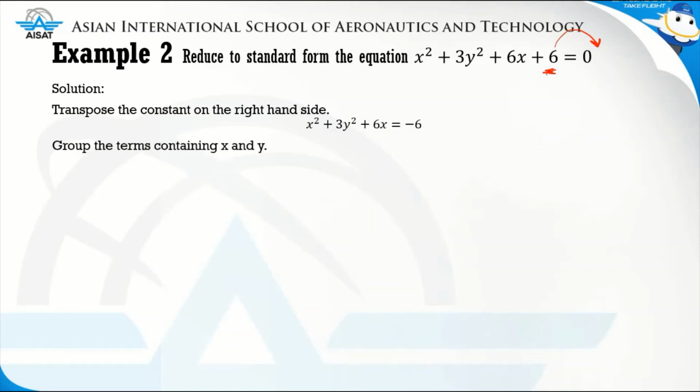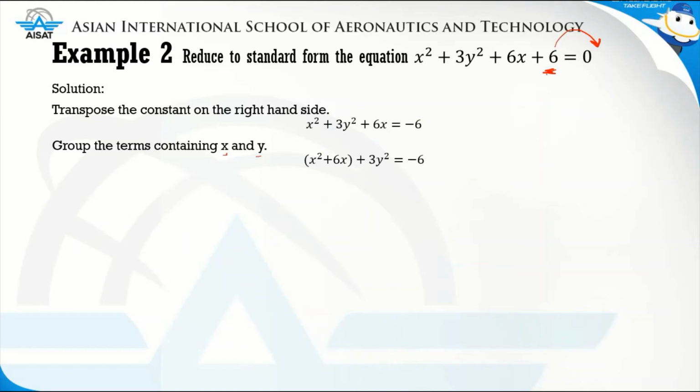Then, we have to group the terms containing x and y. Now, if you can observe, there is only one term containing 3y squared and two terms that contain x. So, by grouping the terms containing these variables, we'll have the quantity of x squared plus 6x plus 3y squared is equal to negative 6.